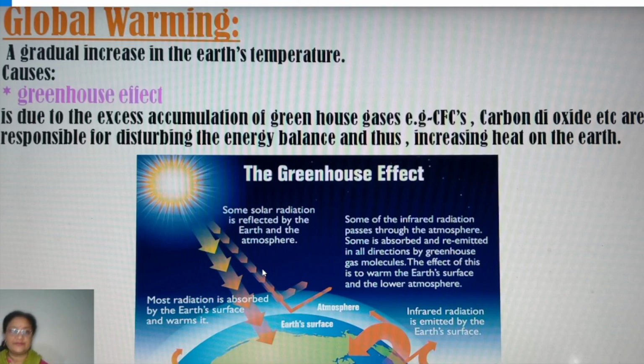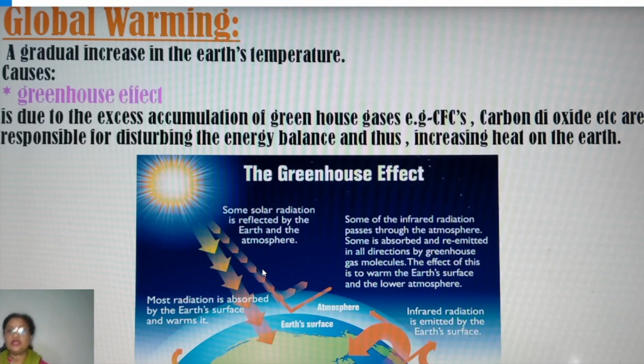The ozone layer is found there, and because of the presence of ozone, it is also many times called the ozonosphere. It is a part of the stratosphere.